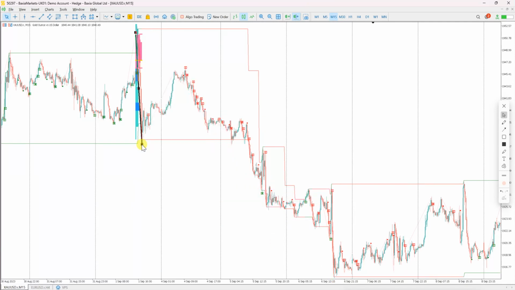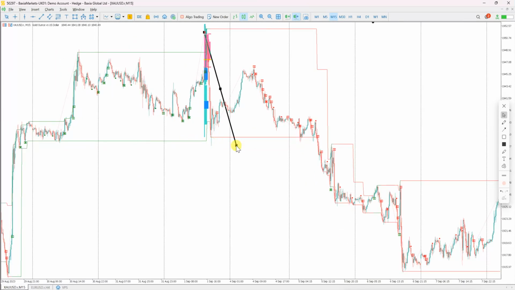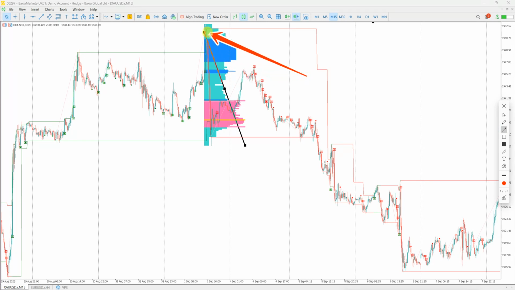Okay, let's go with this example. Let's see here. Notice we have a fair value gap right here. Because it is not plotted here, the fair value gap icon, because the trend is bullish.